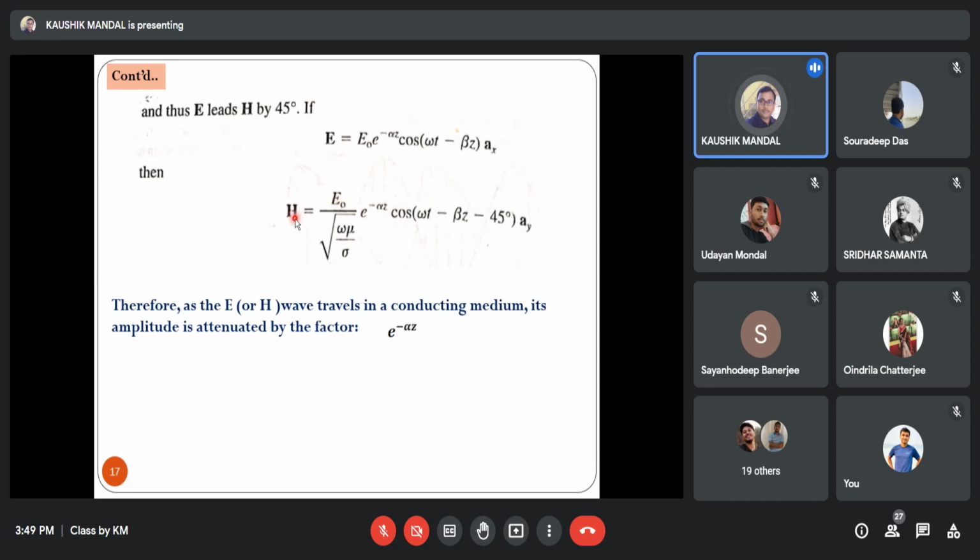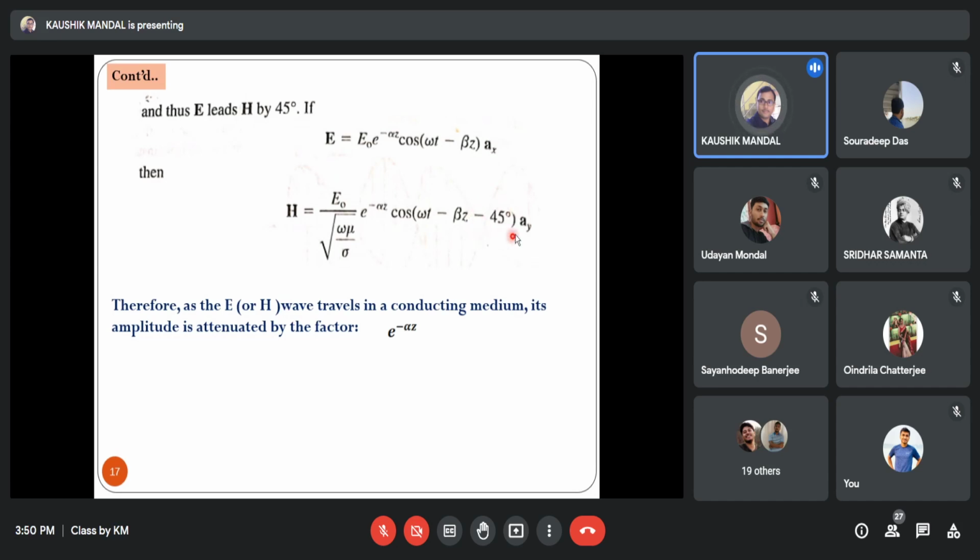It is actually H0, and we know the relation between H0 and E0: H0 equals E0 by eta. So it is basically E0 by eta e to the power minus alpha z cos(omega t minus beta z).